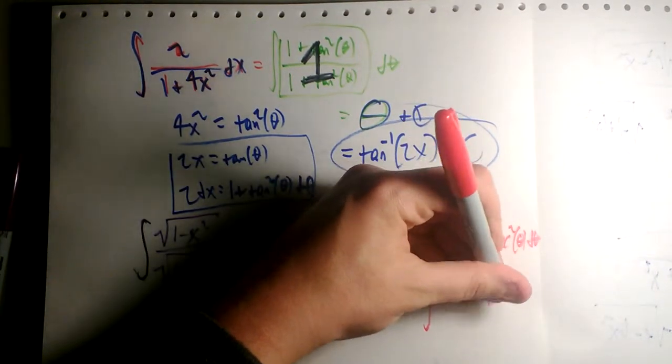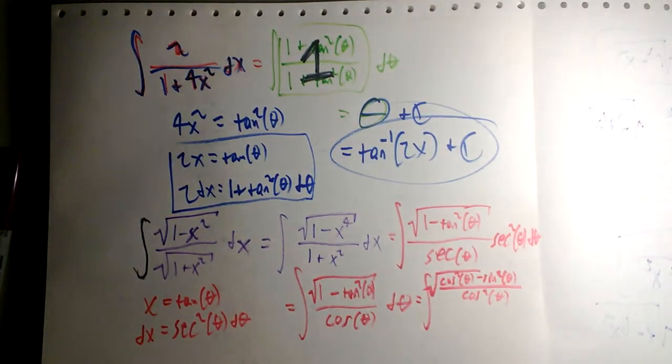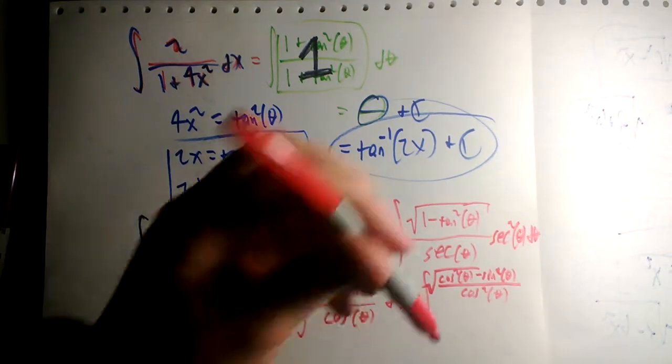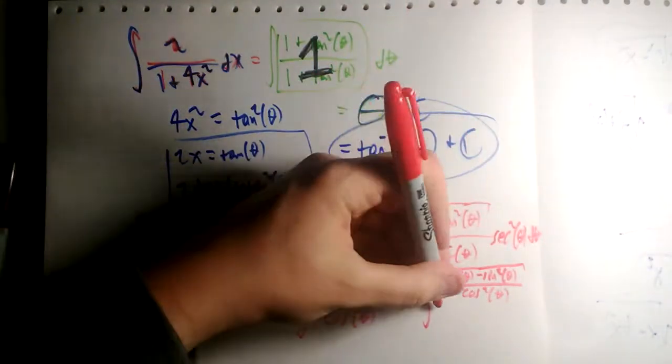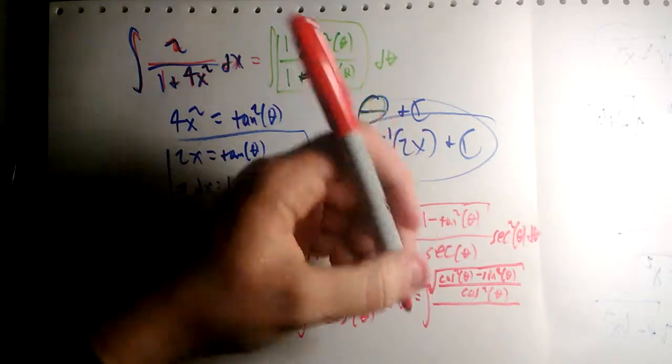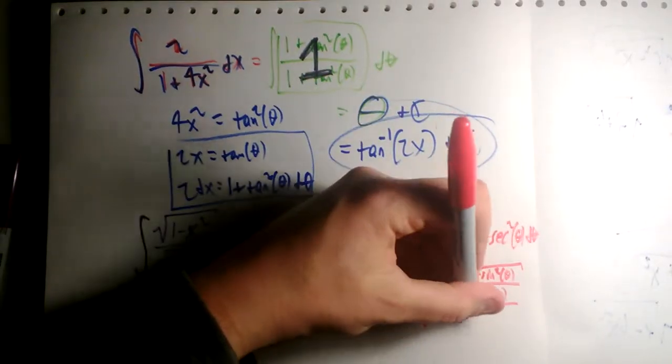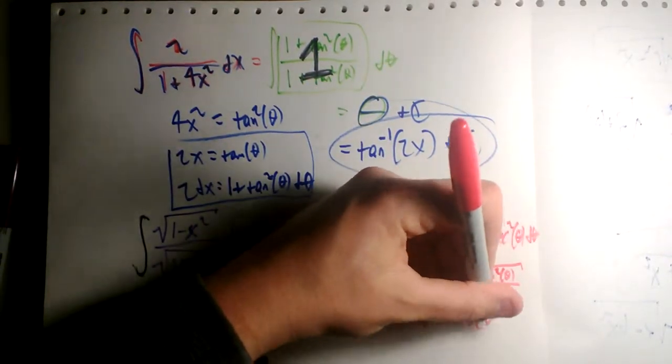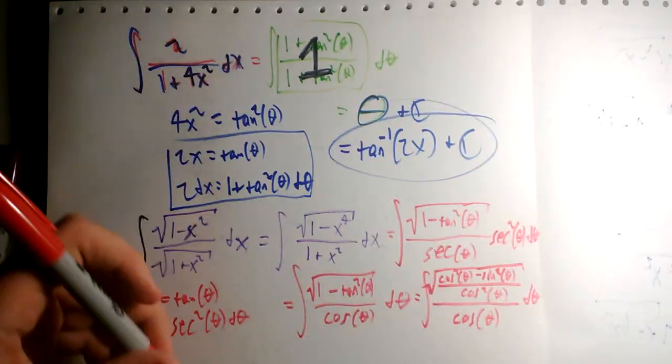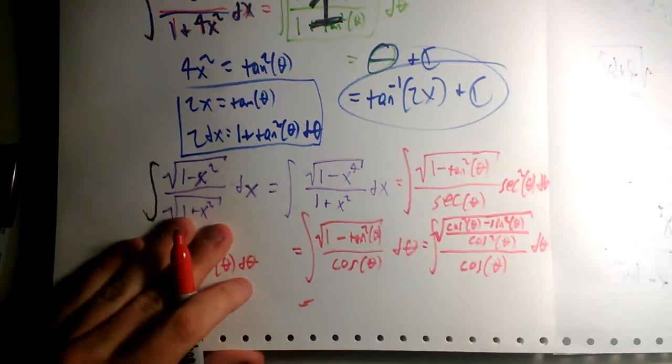Do you see where I'm going with this? That should be the same thing. Yeah, it is. Just doesn't look pretty. That's all square rooted. That's divided by cosine theta. And so by doing that, this problem got harder.